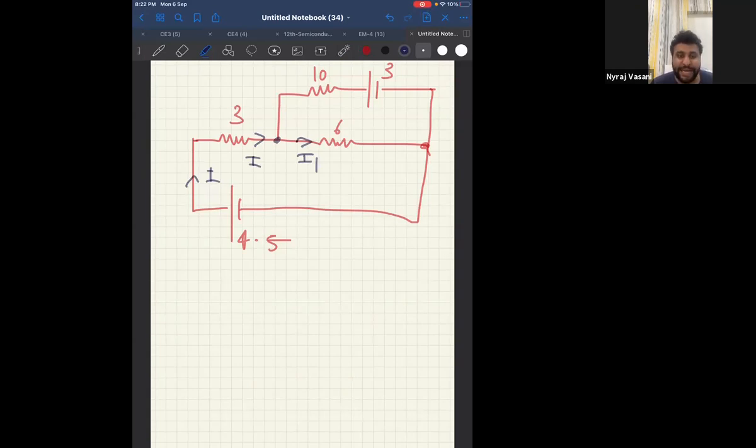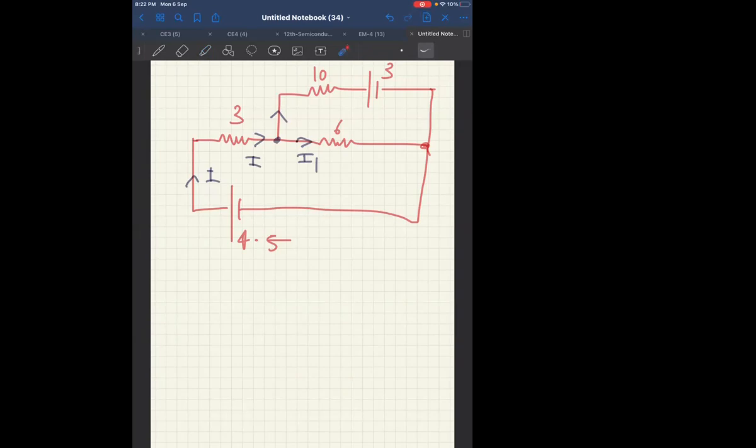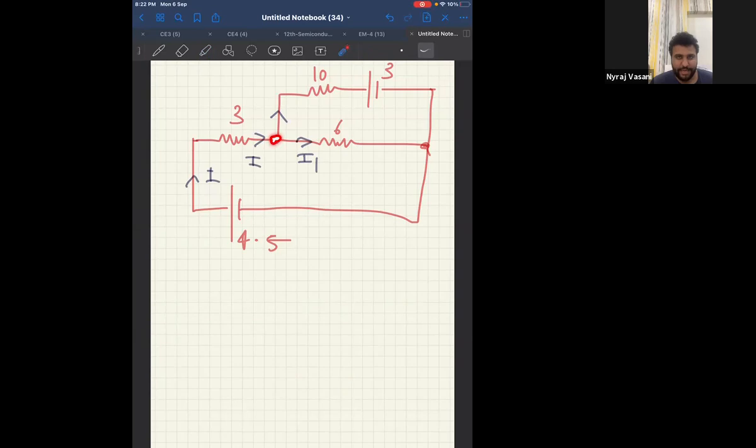Now if I apply KCL to this node, if the current I was going, I can take IA also. If the current I1 was going, tell me how much should this be? According to KCL, current entering the node should be equal to current leaving the node. So current entering the node is I. Therefore, current leaving the node also should be I. Therefore, what I should do is I minus I1.